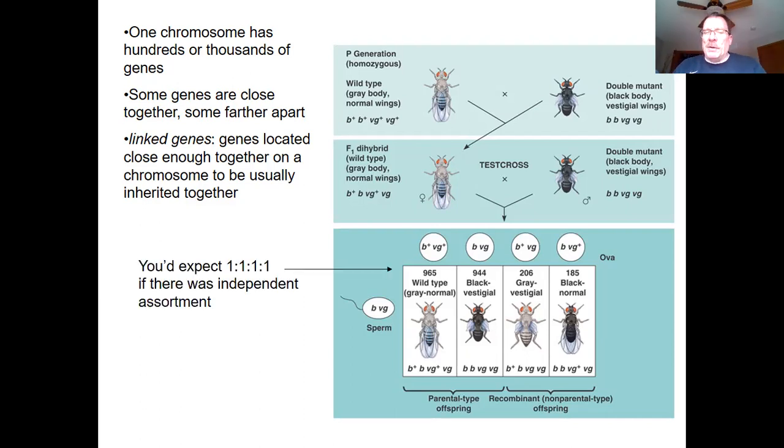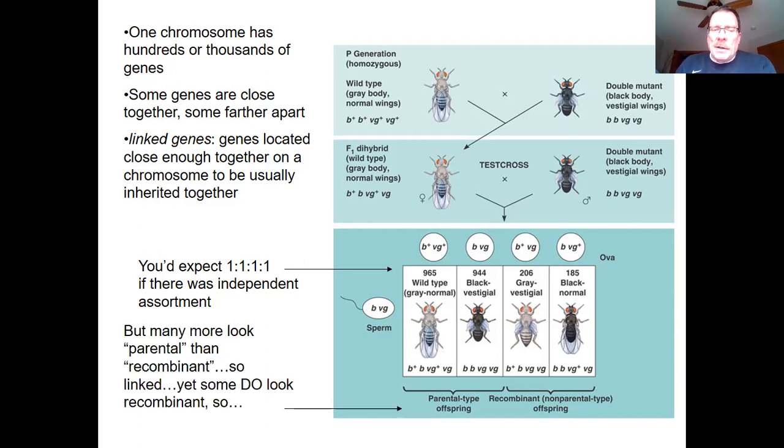So instead of independent assortment with 25% of each, many more look like the parents, and some are recombinant.